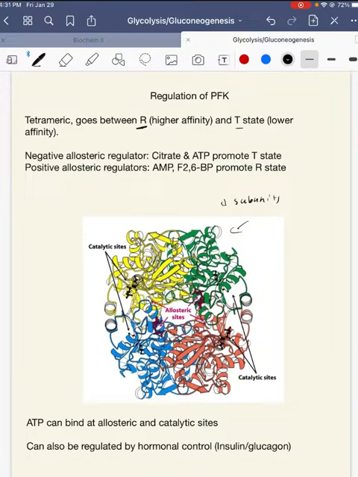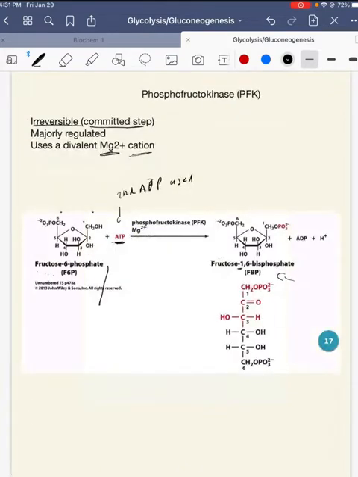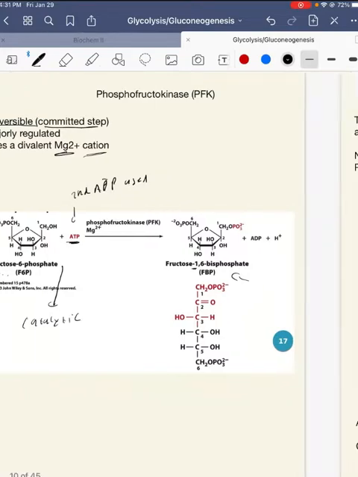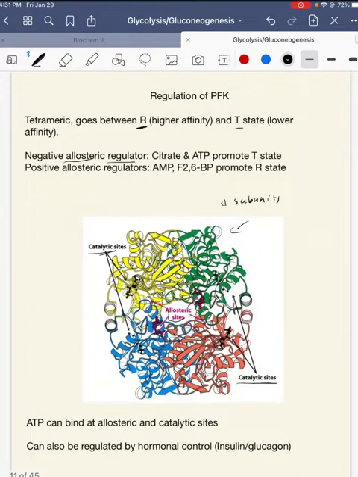One thing it's regulated by is allosteric regulators. Before we talk about them, it's important to know that this enzyme has catalytic sites and allosteric sites. Catalytic sites are where our substrates bind, and allosteric sites are the ones used to regulate the enzyme.